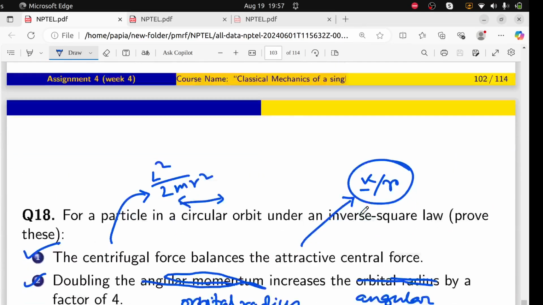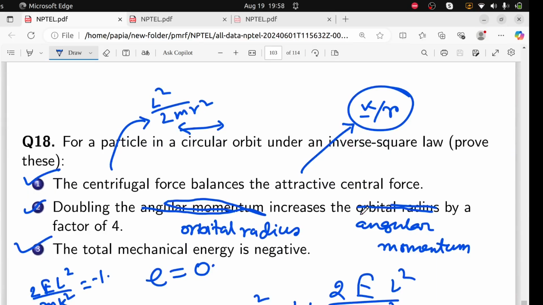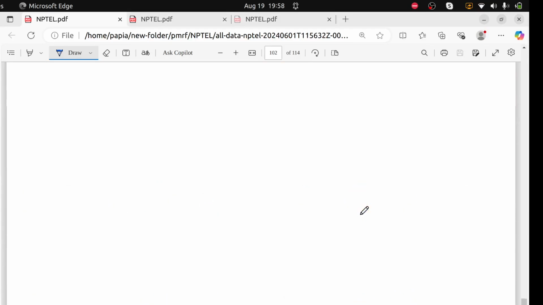Then for a particle in a circular orbit, doubling the orbital radius increases the angular momentum by a factor. The mechanical energy is negative.